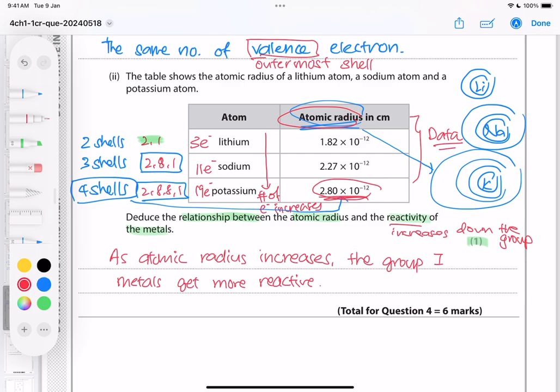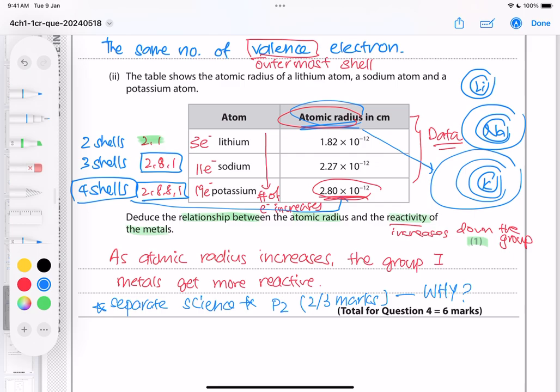Now for those of you who are doing separate science, usually in paper 2 there will be a 2 or 3 mark question, depending on how generous they are, asking you for the why. Why is it that as the atomic radius increases, the group 1 metal will get more reactive?